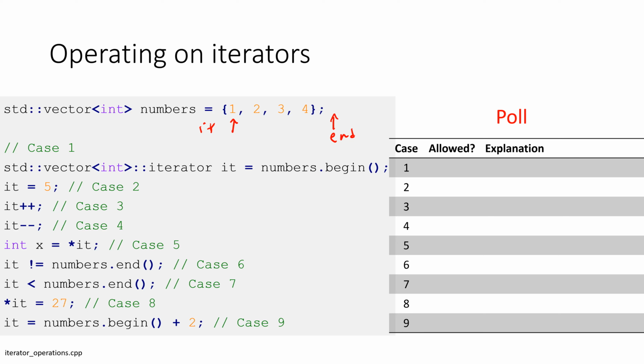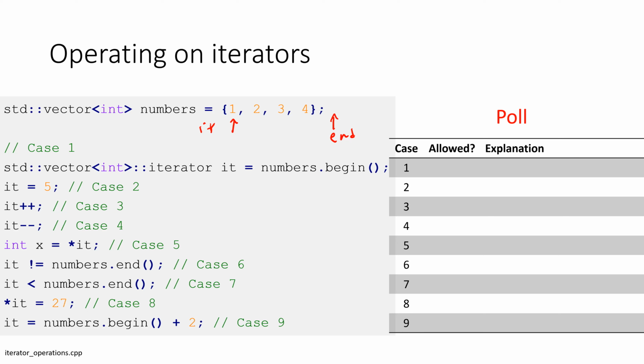What about IT less than numbers.end? So you're guessing no, and this one is actually a weird one. For this one you go, well, with a pointer I could do that, but does it make sense with an iterator? So this is where different kinds of iterators behave differently. Vectors have a fairly powerful iterator that is called a random access iterator, because we actually have an ordering of things in a vector.